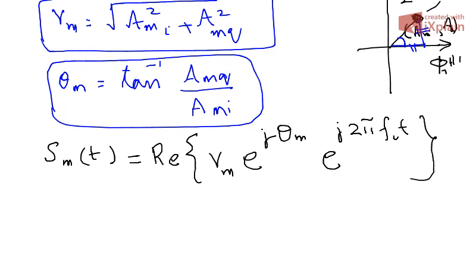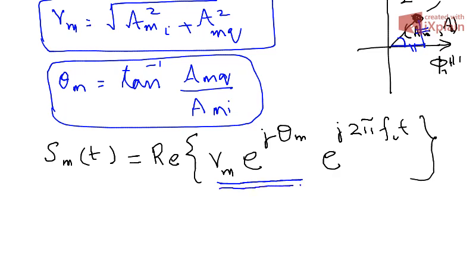So we just represent our complex number AMI plus j AMQ in this form, r of m e raised to the power j theta m, which is the polar representation of that number. So we just introduced this one.